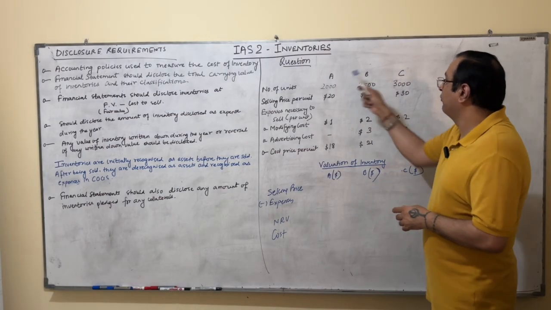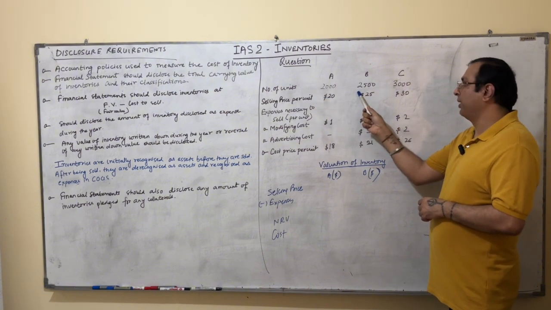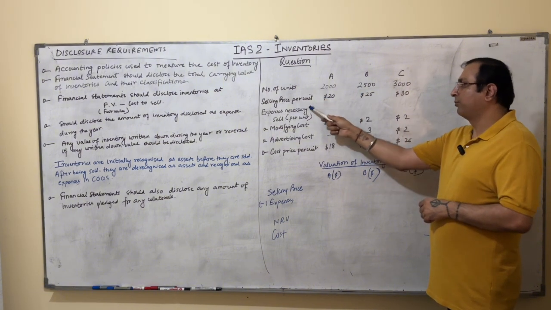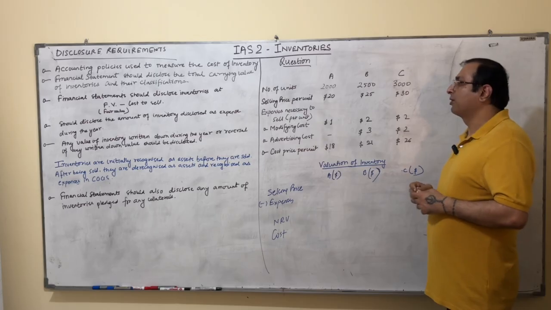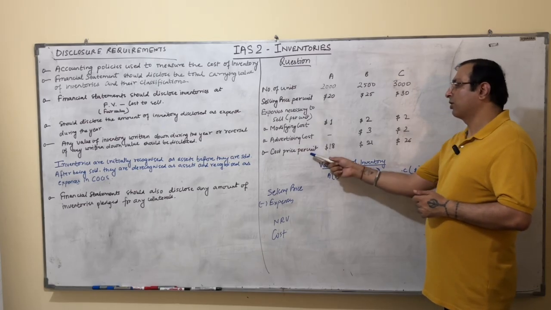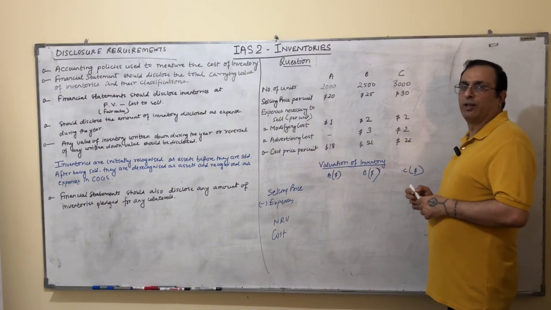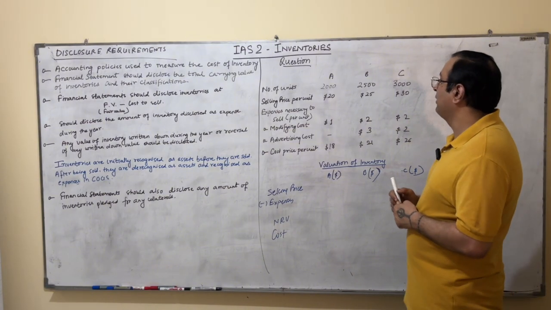I have taken three inventories. I have 2000 units of A, 25 of B, and 3000 of C. Selling price per unit is given, expenses which are necessary to sell are given, and cost per unit is given. Let us see how we do the valuation. First of all, let's see the selling price.